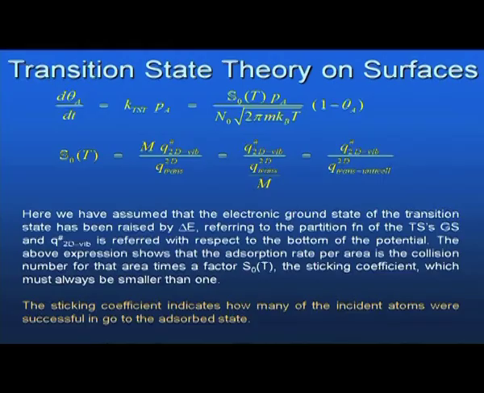Now, the sticking coefficient indicates how many incident atoms were successful in going to the adsorbed state, that is, not all of them end up in the adsorbed state. So suppose 10 atoms are colliding, not all 10 will stick to the surface, maybe 50% is sticking and maybe 50% is going out.